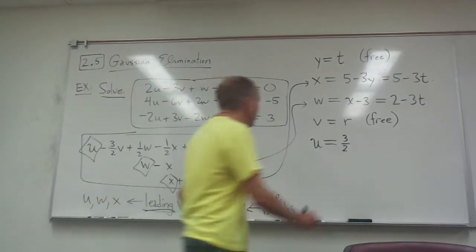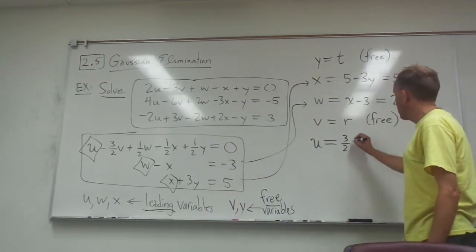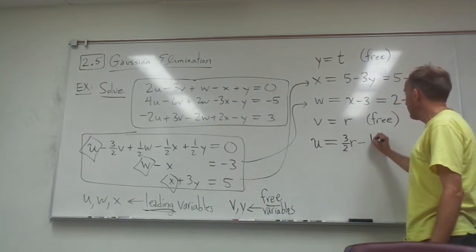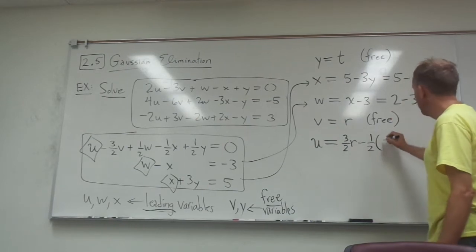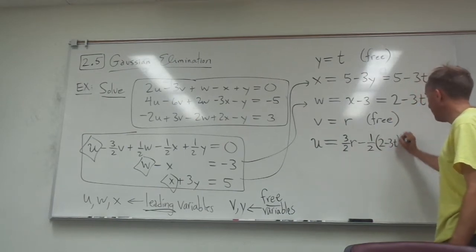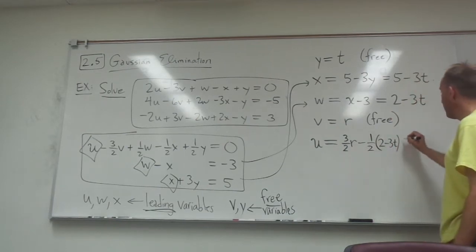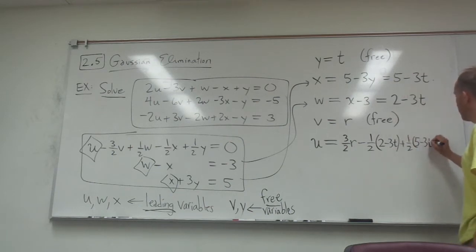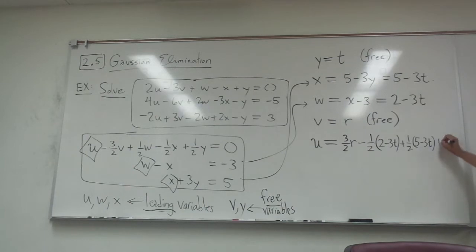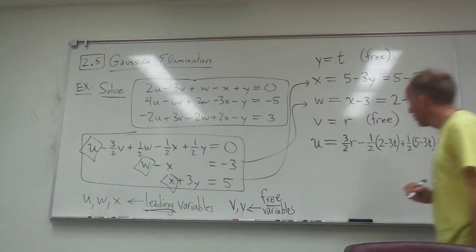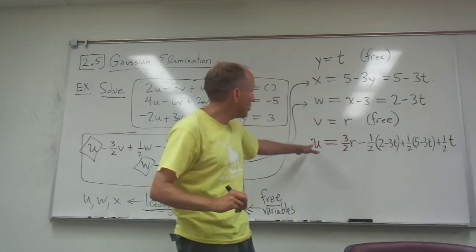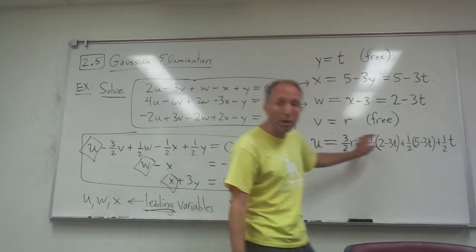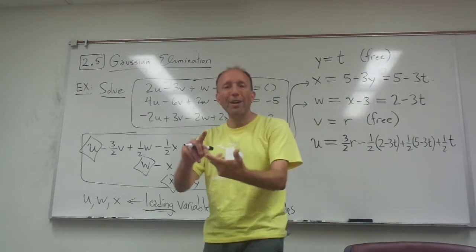So it's 3/2 of v, which is r, and then minus 1/2 of w, but w is 2 minus 3t, and then plus 1/2 of x, but x is 5 minus 3t, and then plus 1/2 of y, which was just t. So what I'm doing here is expressing u totally in terms of r and t, my free variables.